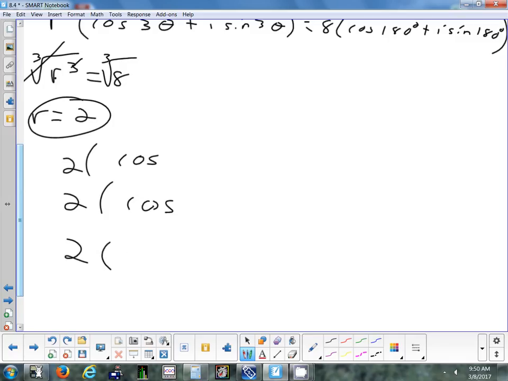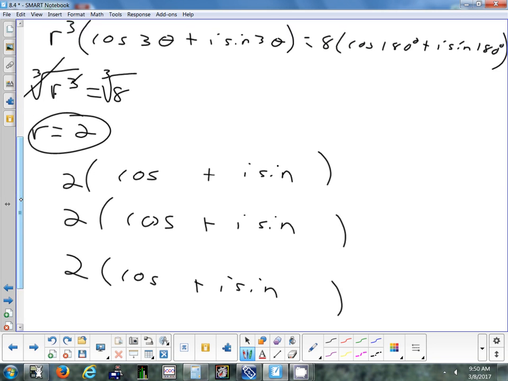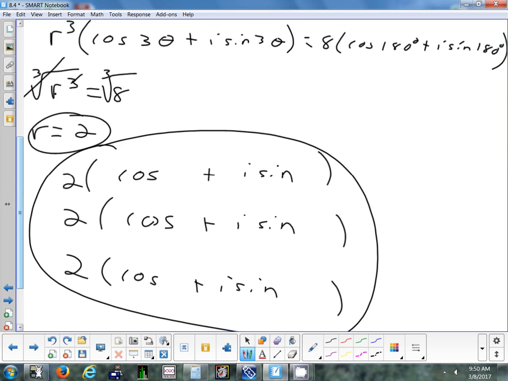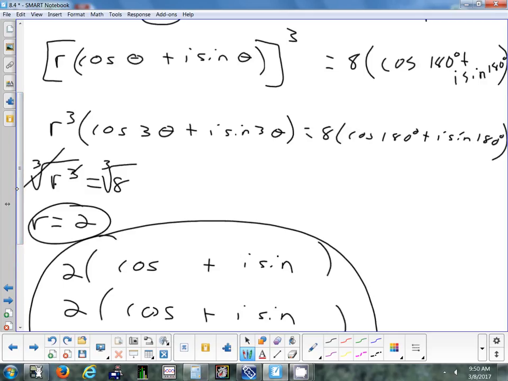Cosine, cosine, cosine, plus i sine, plus i sine, plus i sine. Okay, so I'll fill these in a second, and those are going to be my final answers right there. So I put r cubed equals 8, and then what else has to match what else? 3 theta has to match 180, or how do I represent matching 180 or anything coterminal with it?